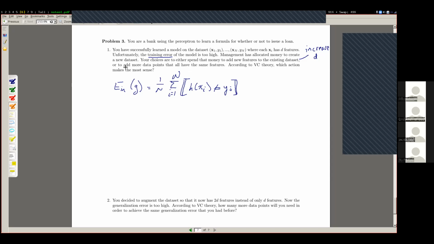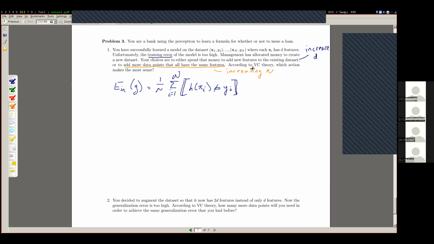Adding more data points is increasing N.